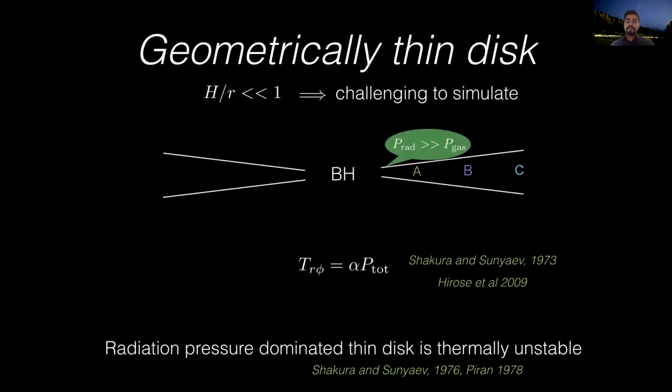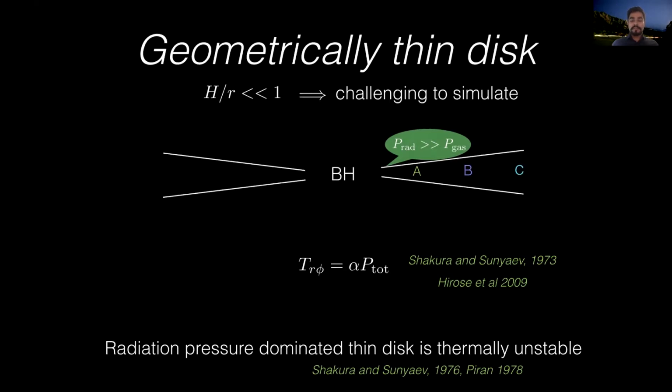What we have been trying is simulating global models of geometrically thin accretion disks, since my PhD work with Lodek. So quickly, the Shakura-Sunyaev model has 3 different regions. The innermost region is radiation pressure dominated, and then B and C are gas pressure dominated. What Shakura and Sunyaev proposed is that the stress, which is the vertically integrated stress T_R-phi, is proportional to the vertically integrated total pressure.